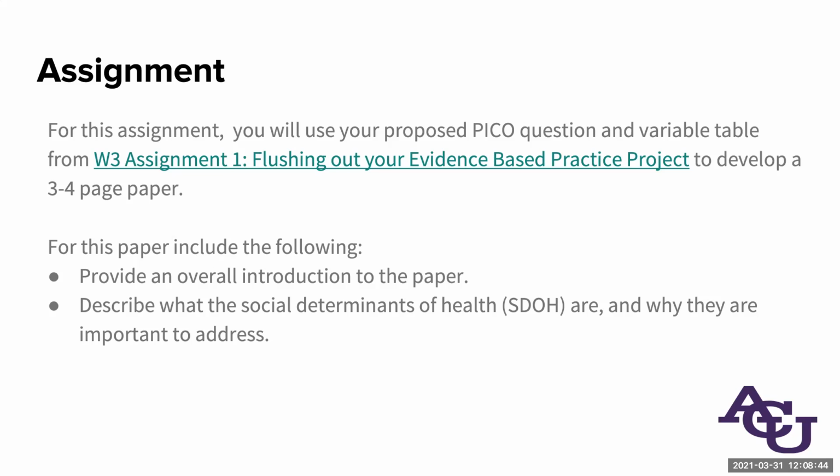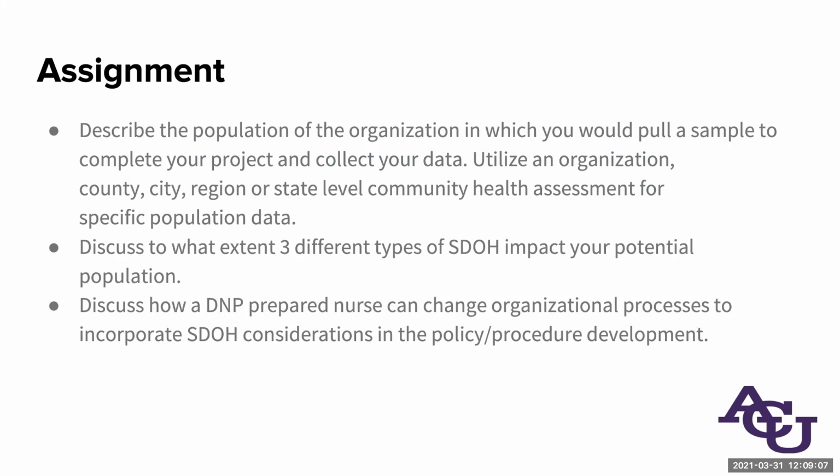For this assignment, you will use your proposed PICO question, that's the one developed in a previous assignment, and variable table from the previous assignment to develop a 3 to 4 page paper that should include an introduction, describing what the social determinants of health are and why they are important to address, describing the population of the organization in which you would pull a sample to complete your project and collect your data, and then use organization, county, city, region, or state level community health assessment for specific population data, and discuss to what extent 3 different types of social determinants of health impact your potential population.